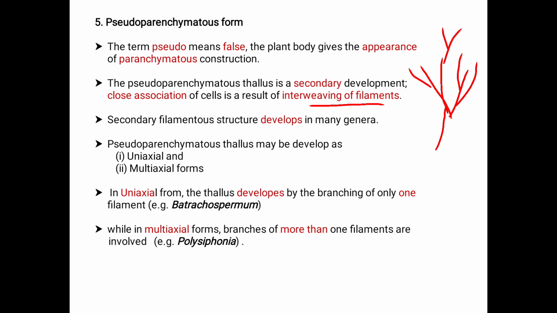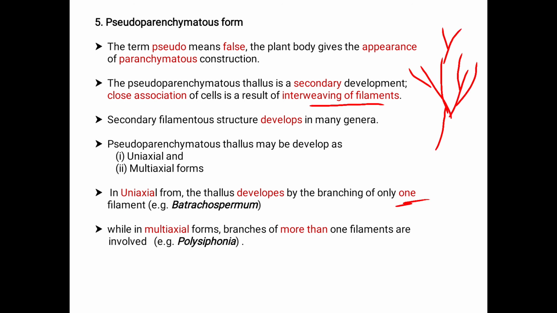The pseudoparenchymatous thallus may be developed as uniaxial or multiaxial. In uniaxial form, the thallus develops by the branching of only one filament.